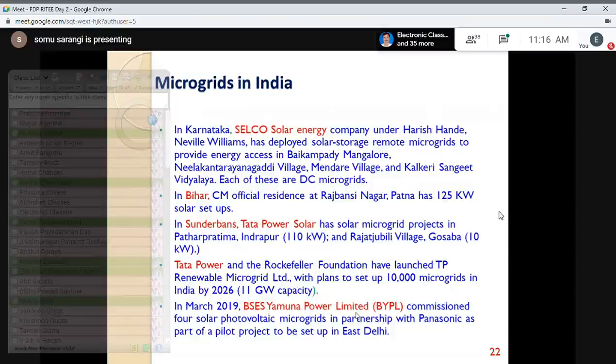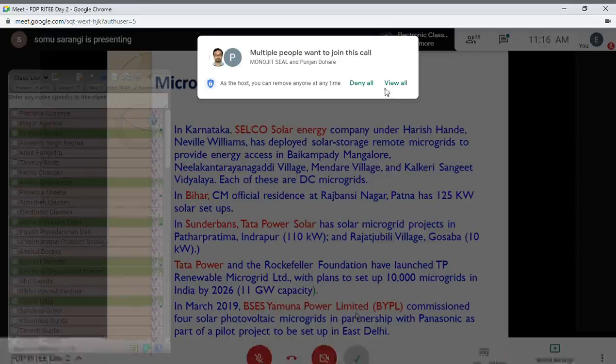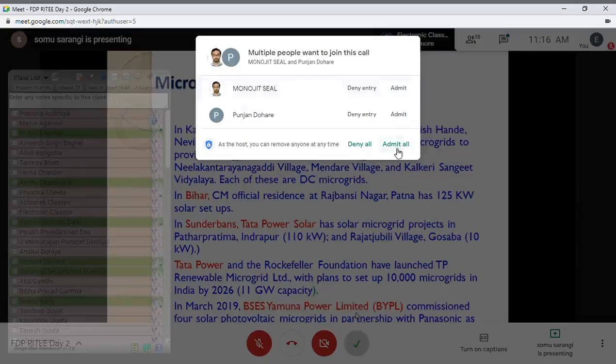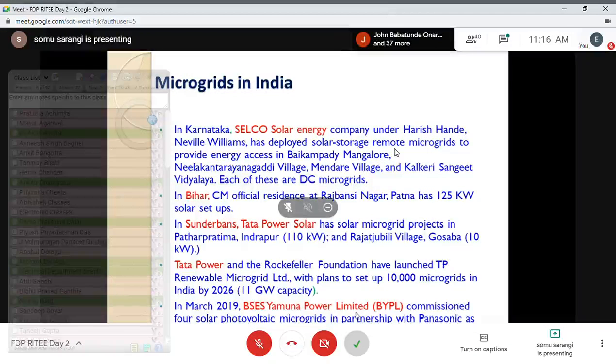In Bihar, the CM official residence at Rajbansi Nagar, Patna has a 125 kilowatt solar setup. In Sundarban, Tata Power Solar has solar microgrid projects in Indrapur, that is 110 kilowatt. Tata Power in Rockland has also launched the TP renewable microgrid.